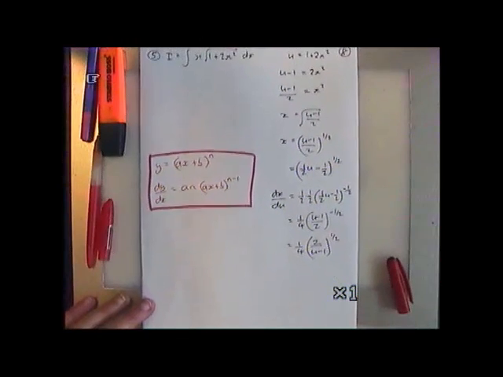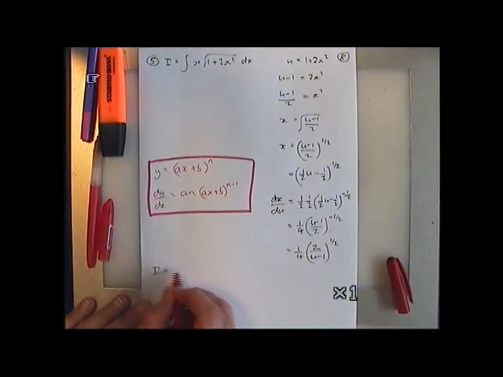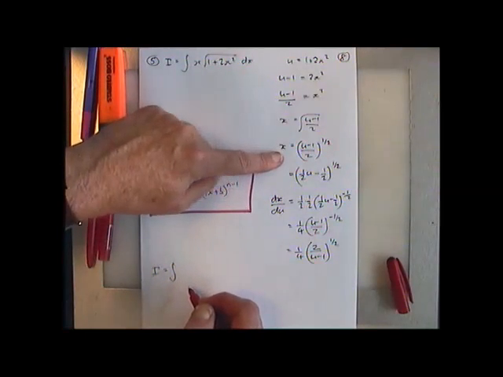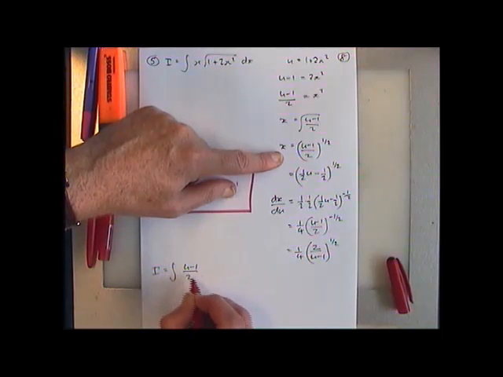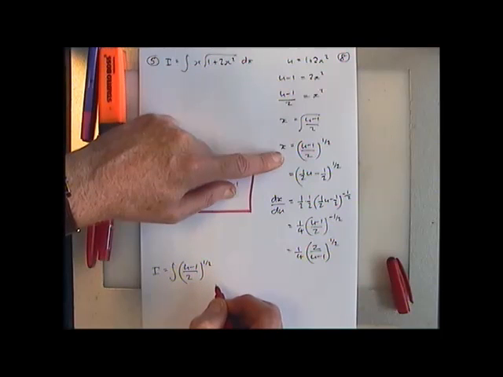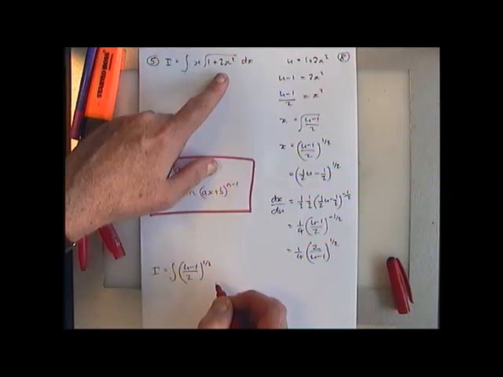And once we've got all of that stuff, it's a case of sticking it back into what we had. The integral was the integral of x. This was what x was here: u minus 1 over 2, to the power of a half. Then I had this 1 plus 2x squared, square rooted.